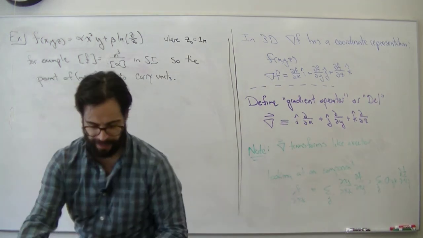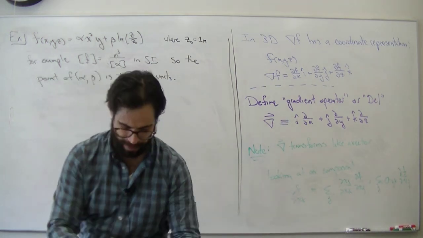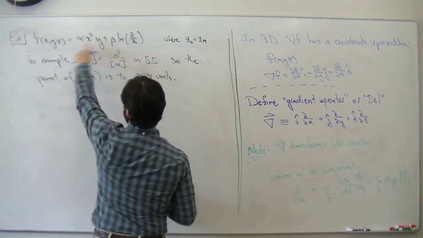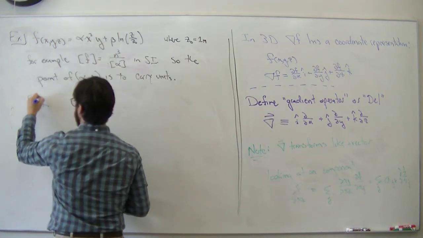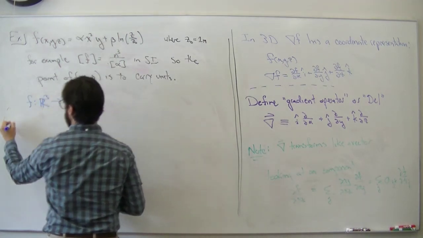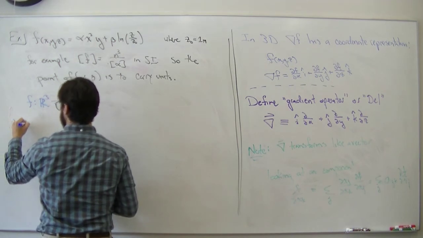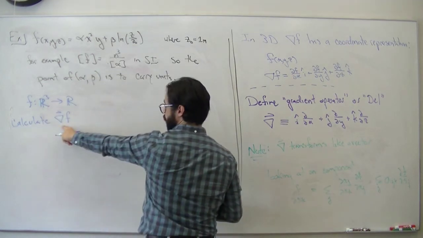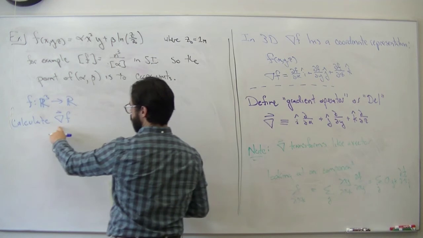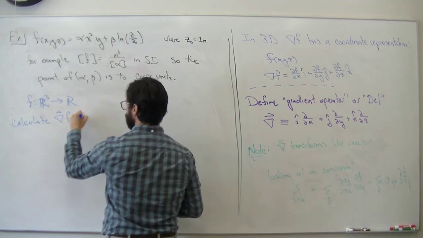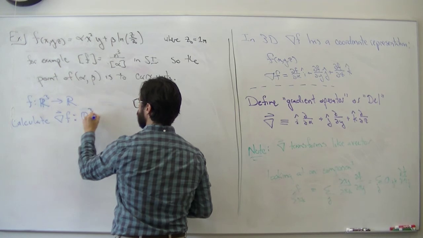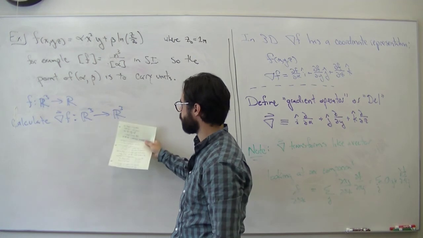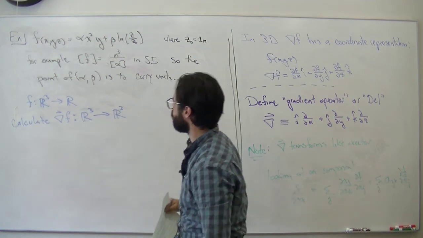So what we have is a function f, and this function f is a mapping from R3, this is just a number, to R, and what we want to do is calculate del f, just as a bit of practice, and I'll put the arrow over this because we now know the gradient operator del is a vector. And this is a mapping from R3 to R3. So vectors go in, vectors go out, triplet of real numbers in, triplet of real numbers out. Okay.